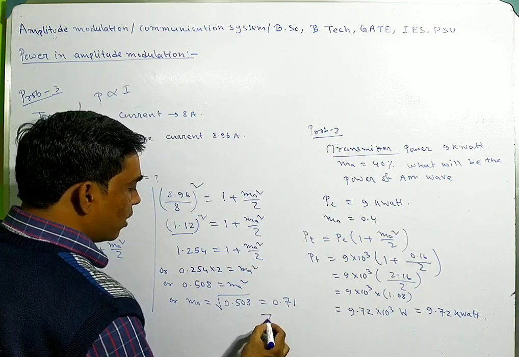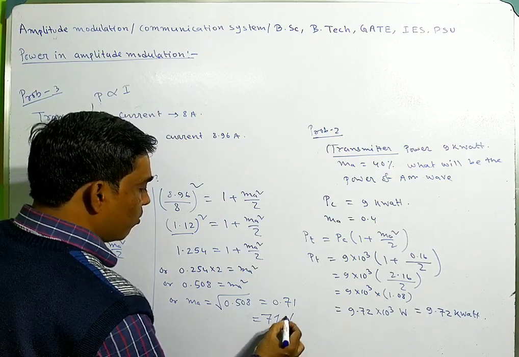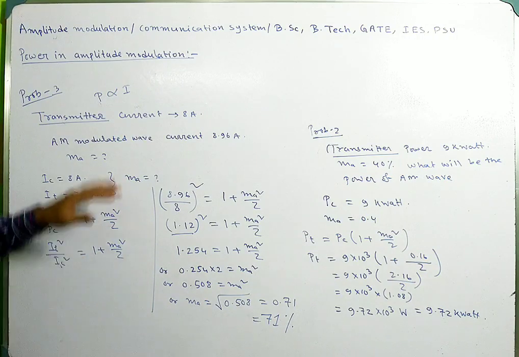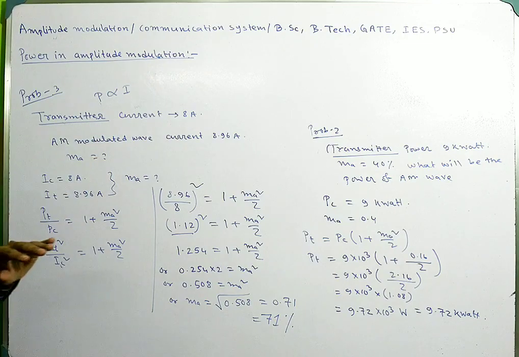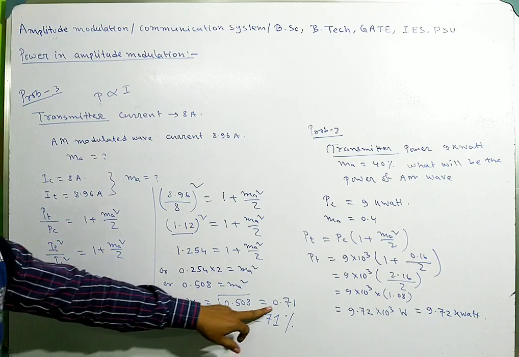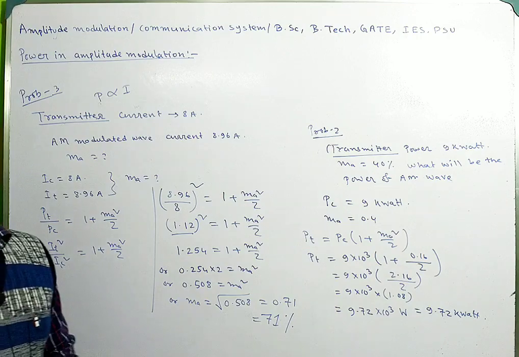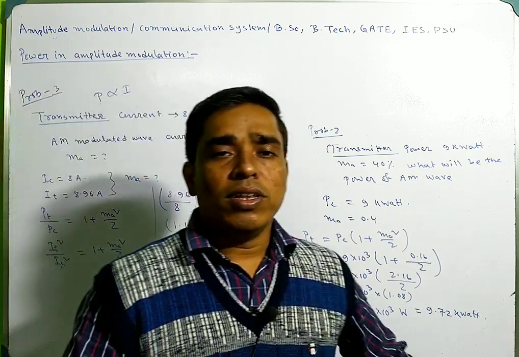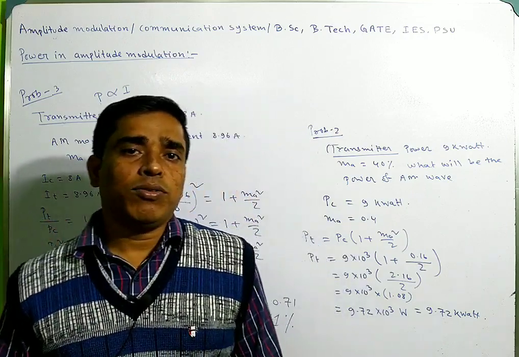In terms of percentage, it will be 71%. So in this case, the modulation index of this modulated condition will be 0.71 or 71%. So in this way you can solve problems related to amplitude modulation.